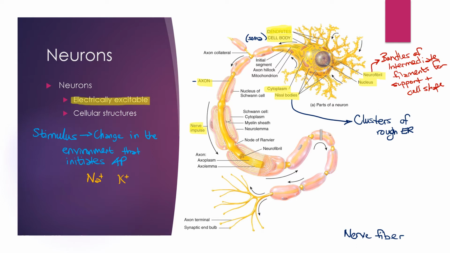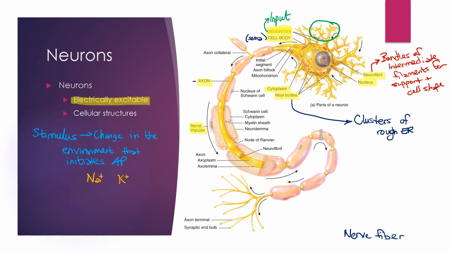Dendrites are going to be the receiving or input portion of a neuron. Dendrites are usually very short, tapered, and quite highly branched, and we can definitely see that here. A single axon of a neuron is going to propagate nerve impulses towards another neuron, sometimes even to a muscle fiber or a gland cell.